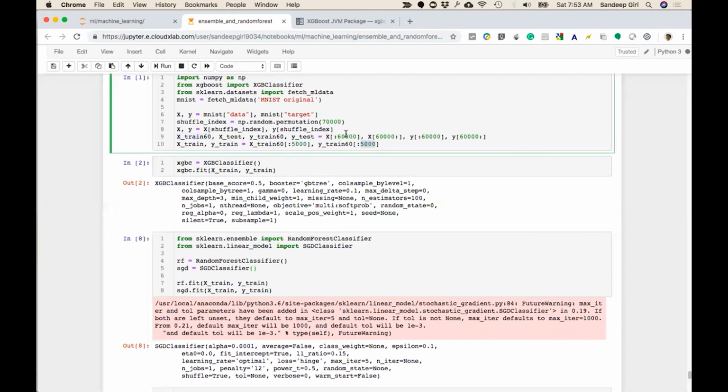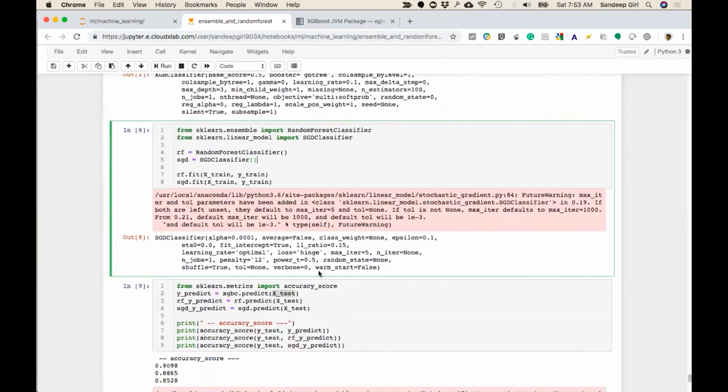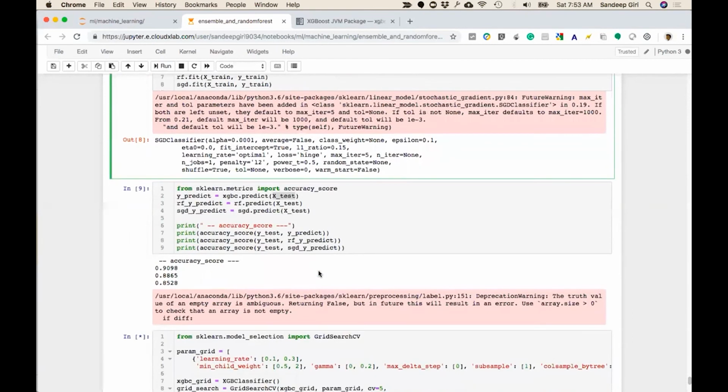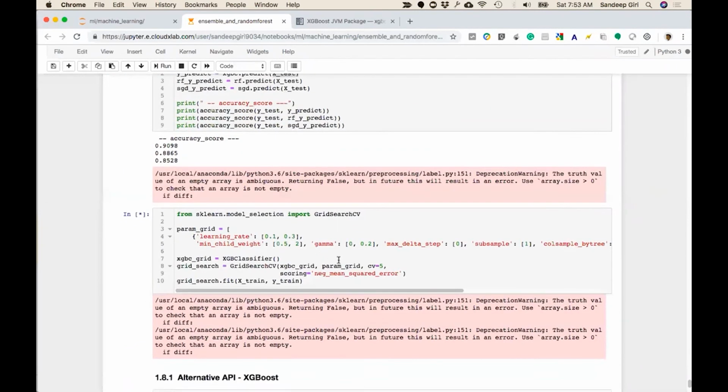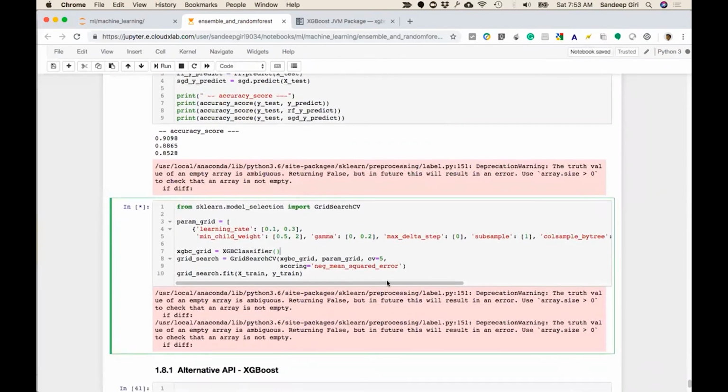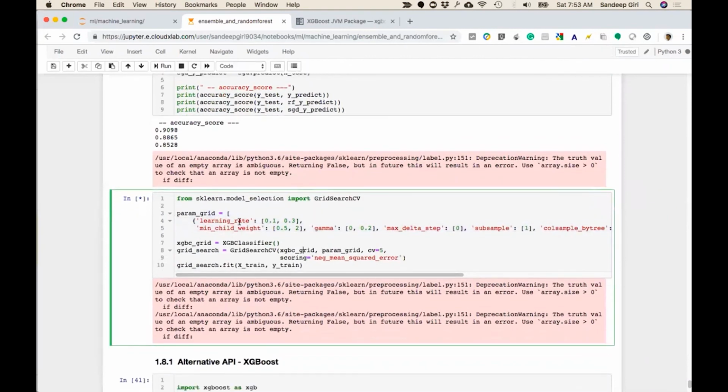In the same way, try to train it on the full data set in your own time, otherwise it will not finish right now. Even on 5,000 records, it actually works pretty well and gives us close to 90. And in case you're trying to further optimize, you can try the grid search and so on. It'll train this classifier so many times and compare the results using cross validation.